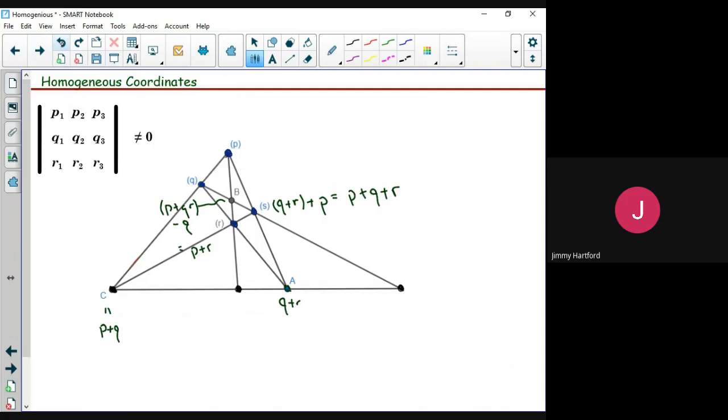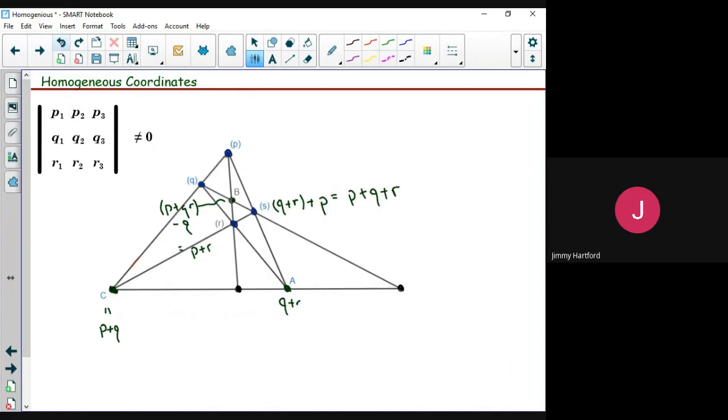And then to verify our axiom, we want to show that points A, B, and C are not collinear. And so to do that, we do what we've done before. We're going to set up a matrix with the triples of the 3 points listed, and then try and show that the determinant is not 0.